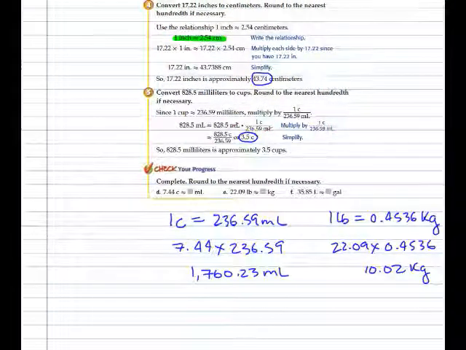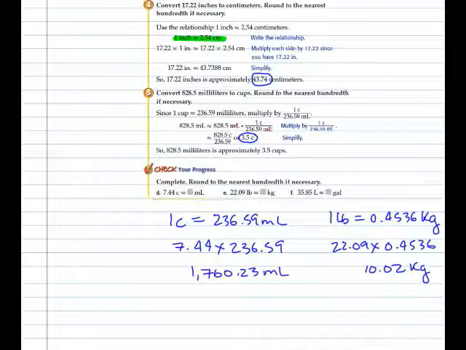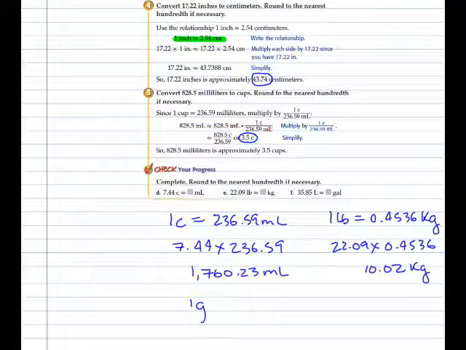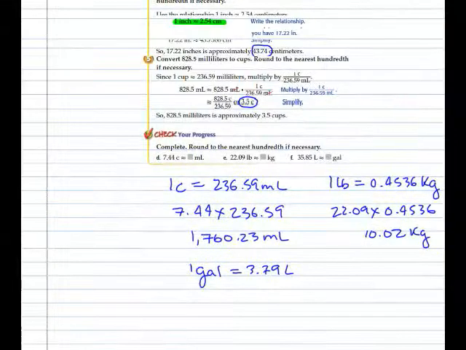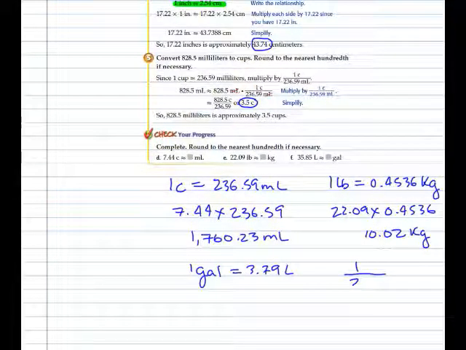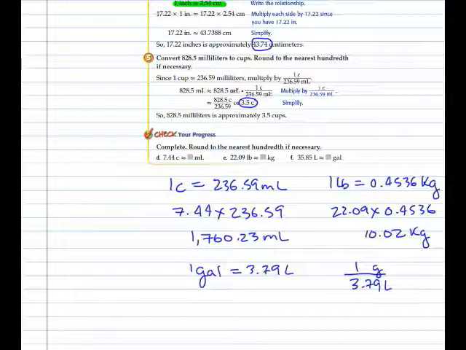Liters to gallons. What I know is that 1 gallon equals 3.79 liters. So what I'm going to use is this ratio, 1 over 3.79. That's my gallons to liters.